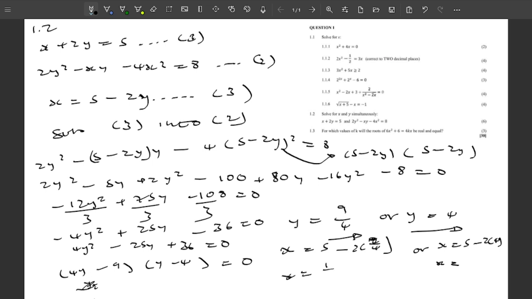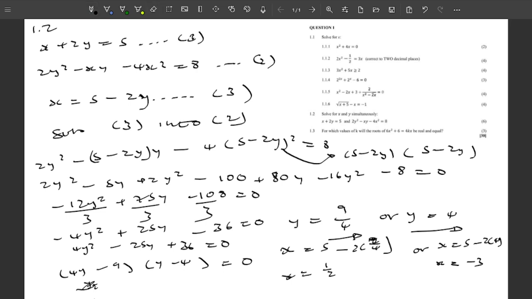For this one, it's going to be 1 over 2, and for this one it's going to be minus 3. Remember that it's going to be 8, then 5 minus 8 is minus 3. Yes, so we're done with the questions.